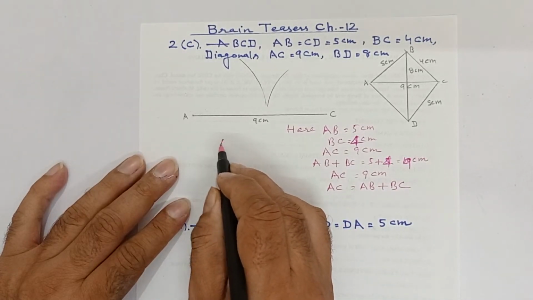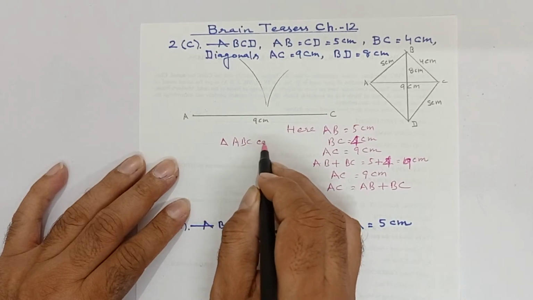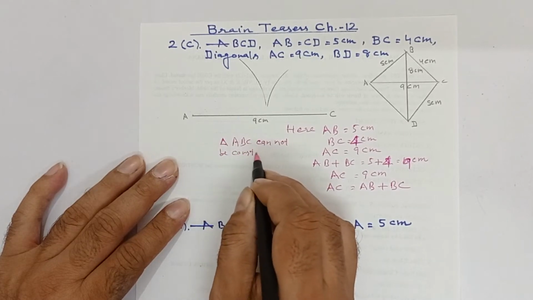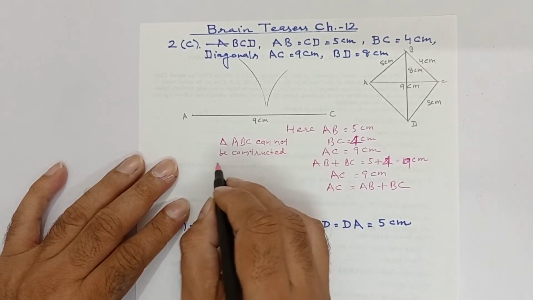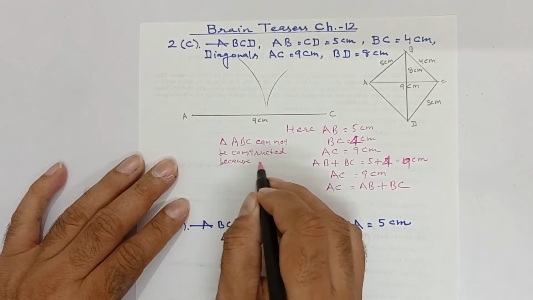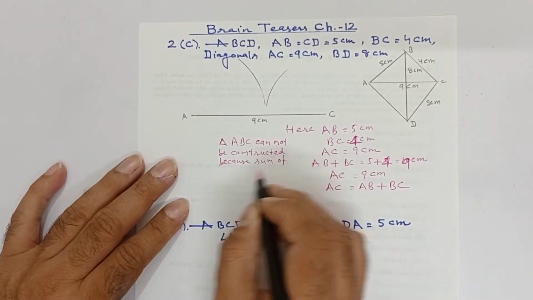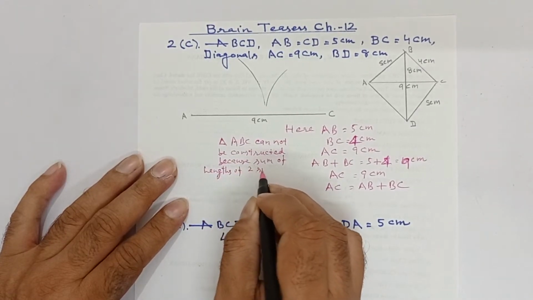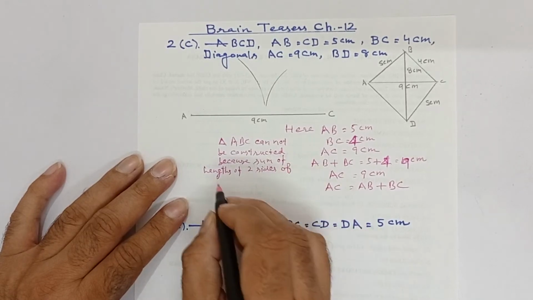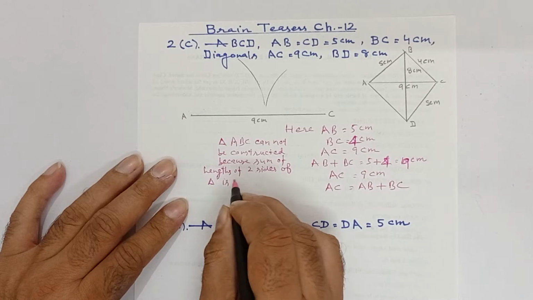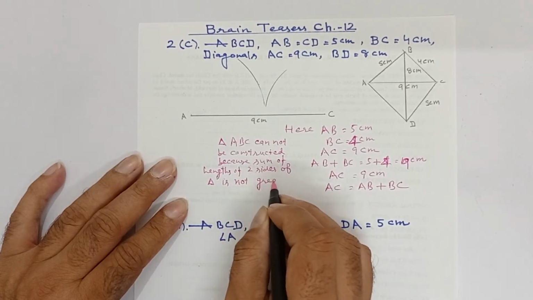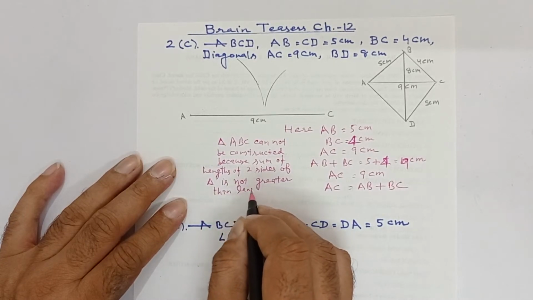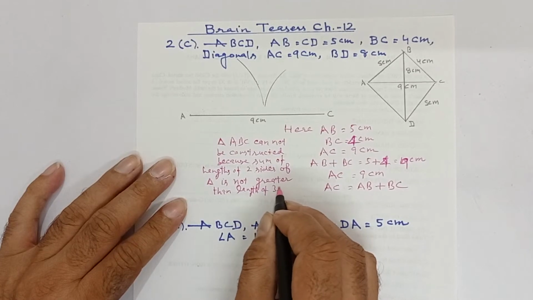So you will write here that triangle ABC cannot be constructed because the sum of lengths of two sides of a triangle is not greater than the length of the third side.